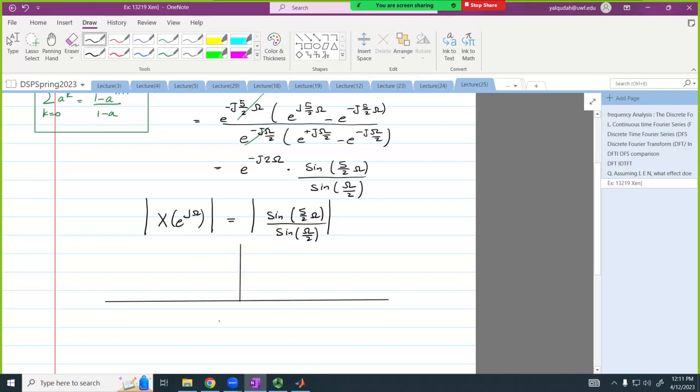What is this going to look like? When omega is 0, what is this going to equal? It's going to be 0 over 0, so we use L'Hopital's rule: take the derivative of the numerator and the derivative of the denominator. It gives 5 over 2 over 1/2, which is 5. Then this is going to look something like this.